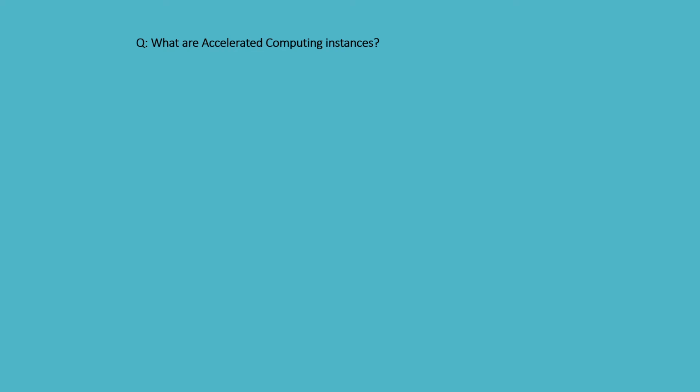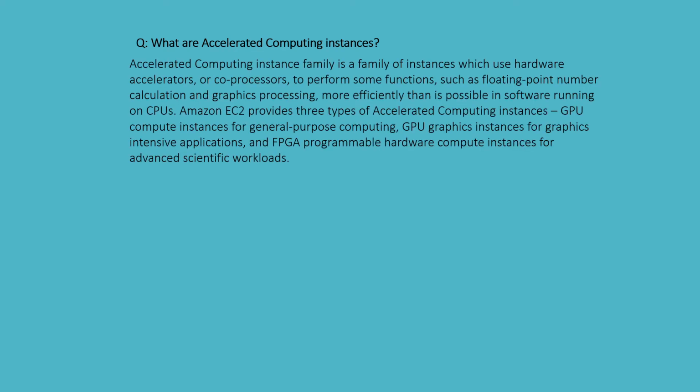What are accelerated computing instances? Accelerated computing instances are a family of instances which use hardware accelerators, or coprocessors, to perform some functions, such as floating point number calculations and graphics processing, more efficiently than is possible for software running on the CPU.